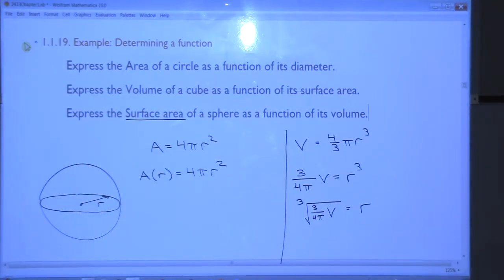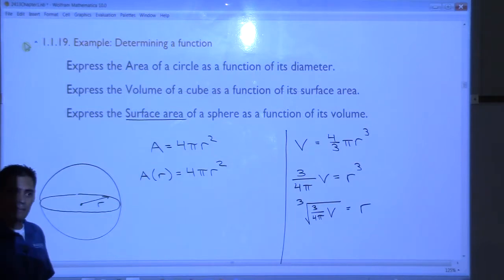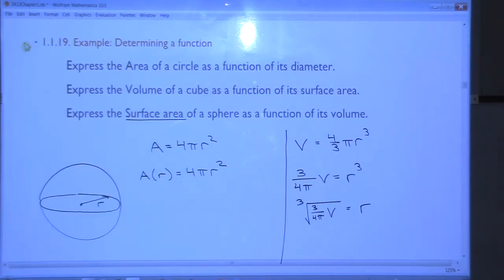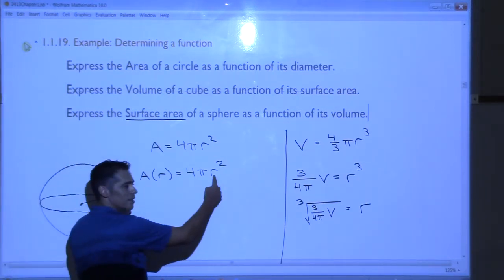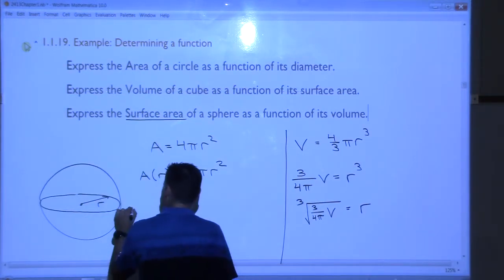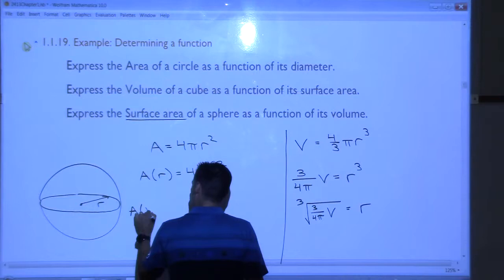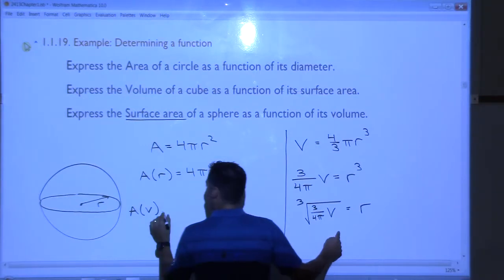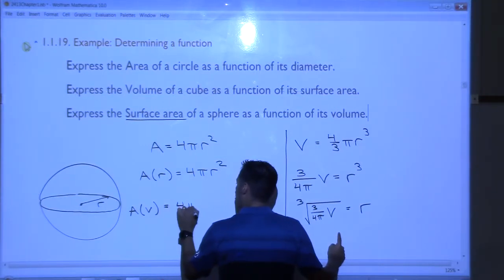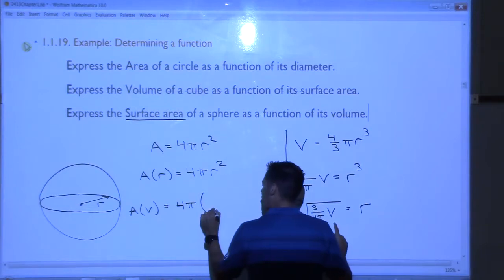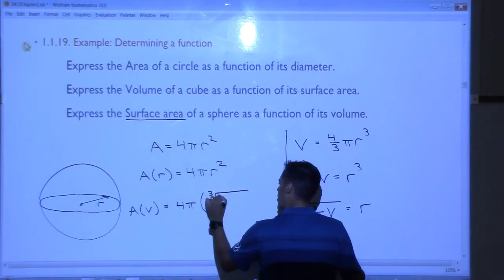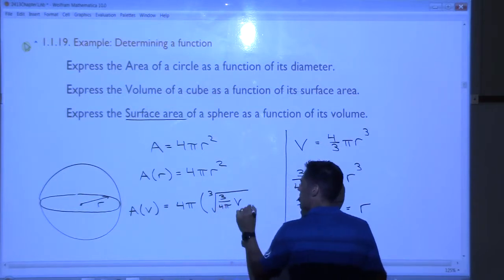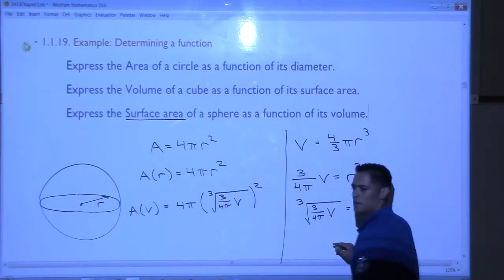It's the cube root of all that junk right there, and that gets to go here, right? So now our area as a function of the volume will be equal to 4 pi, this entire ugly thing, cube root of 3/(4 pi) V, all of that squared.